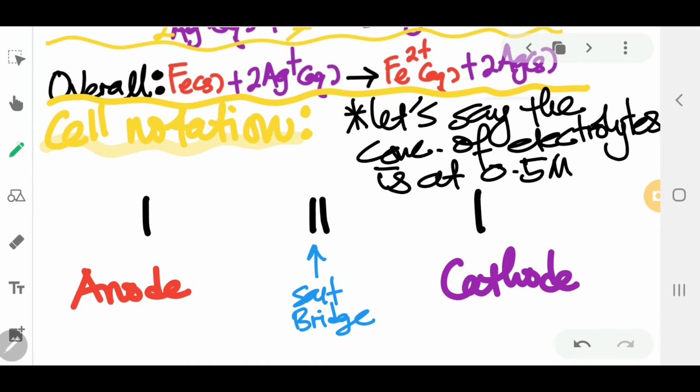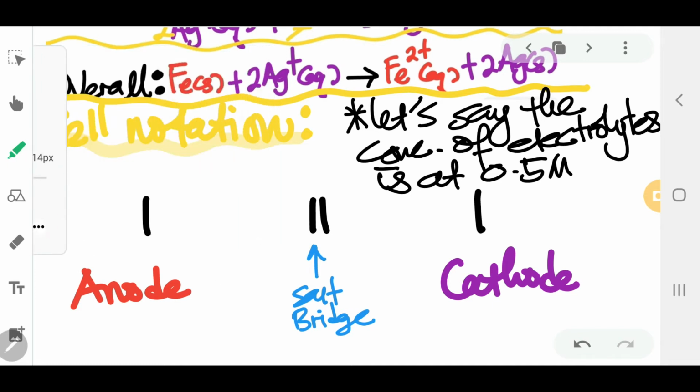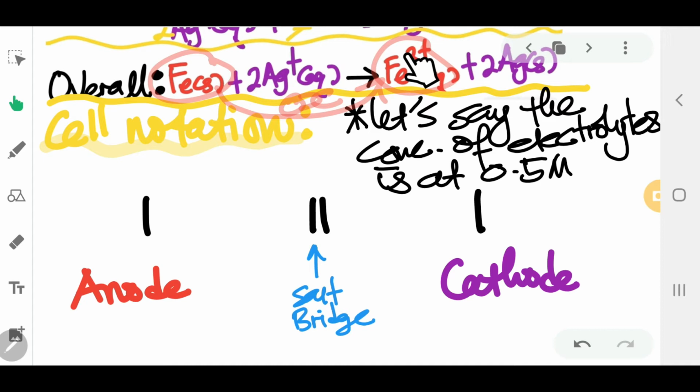And when you look at the process, what's going on here, the iron will be undergoing oxidation process because it will be losing electrons. Remember, OIL RIG: O, oxidation, I is, and L is losing. So oxidation is losing of electrons.